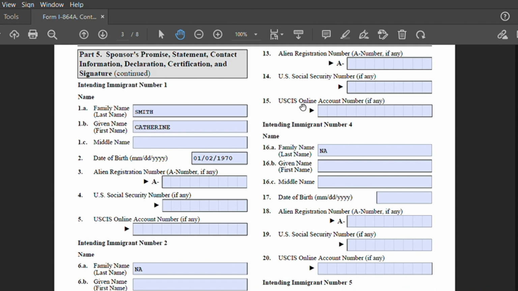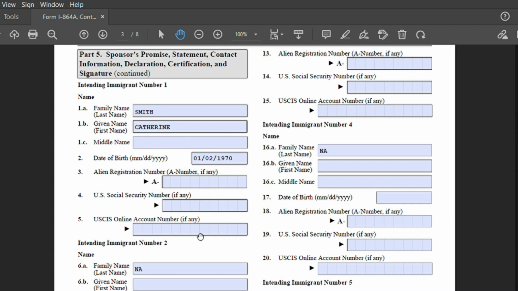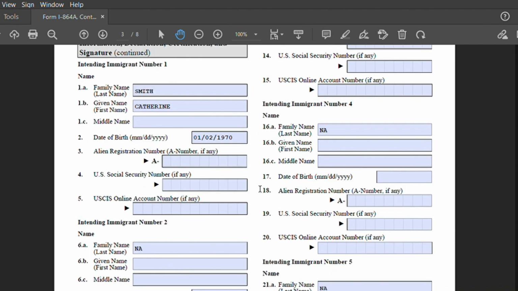So for instance, if you as the petitioner submitted 2 affidavits of support for each of your parents, the household member cannot write both of your parents on one I-864A. In this case, they will need to fill out a separate I-864A that will go together with the I-864 form for each of your relatives that require a separate affidavit.